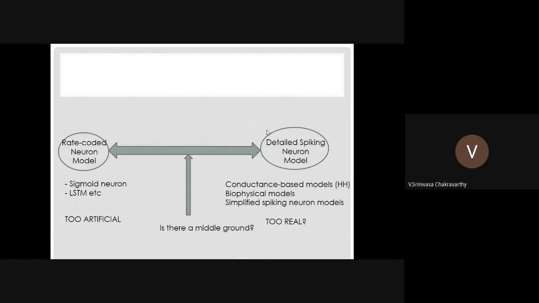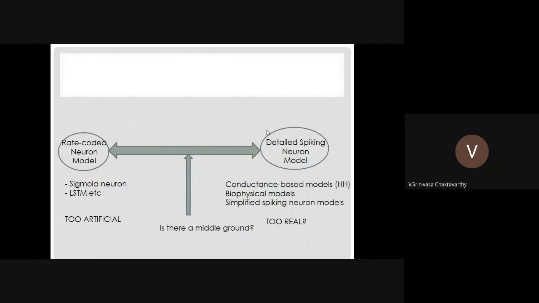Both sides have their own advantages. If you want to study, for example, how a neuron's firing pattern changes if you introduce a mutation in one of the ion channels expressed in that neuron, to answer a question like that, you need to go all the way from molecule to whole cell. You need to understand how the dynamics of the ion channel change.